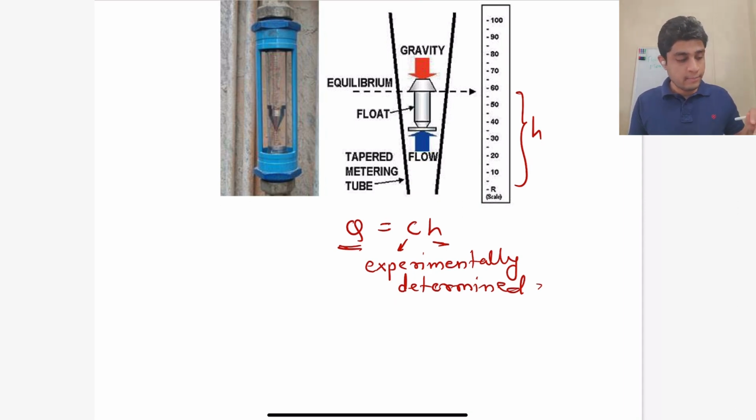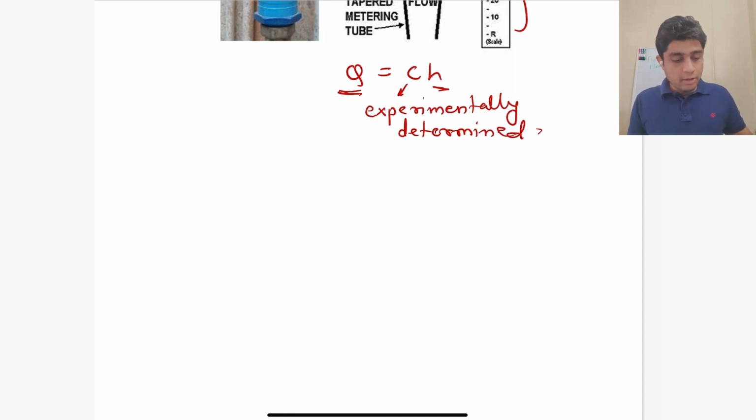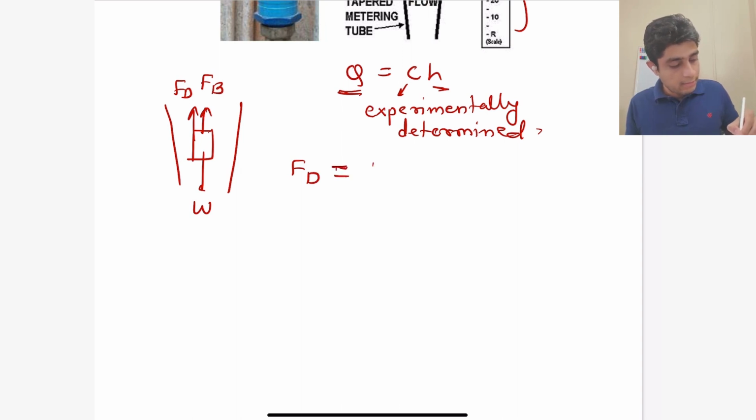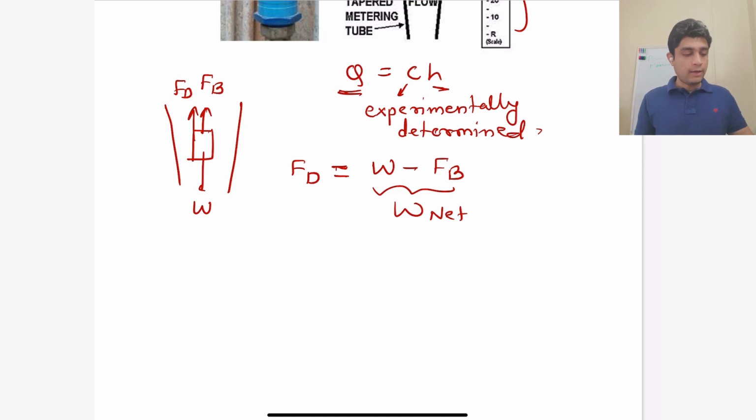the height scale. So I will not derive the equations in detail, but the basic force balance on this object is its weight, the force of buoyancy, and the drag force. So the force balance gives us that the drag is equal to the net weight of the float, which is its actual weight minus the force of buoyancy.